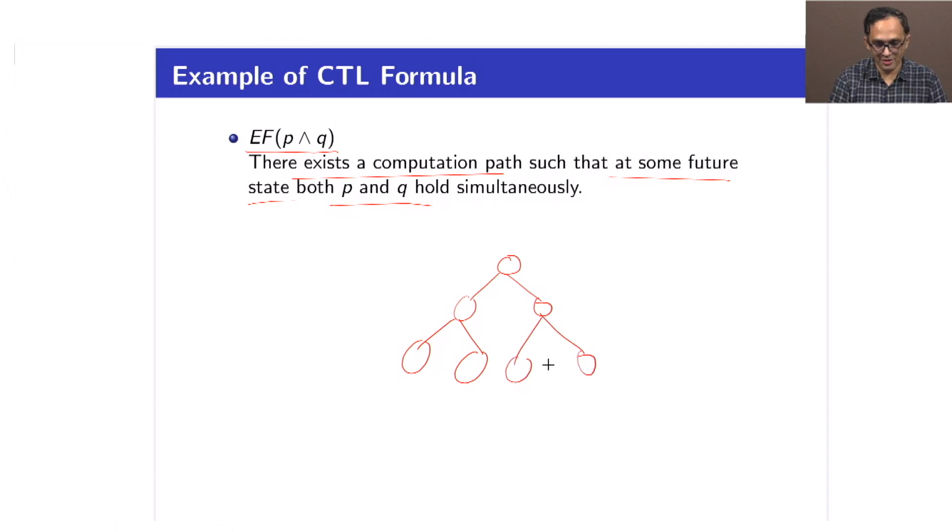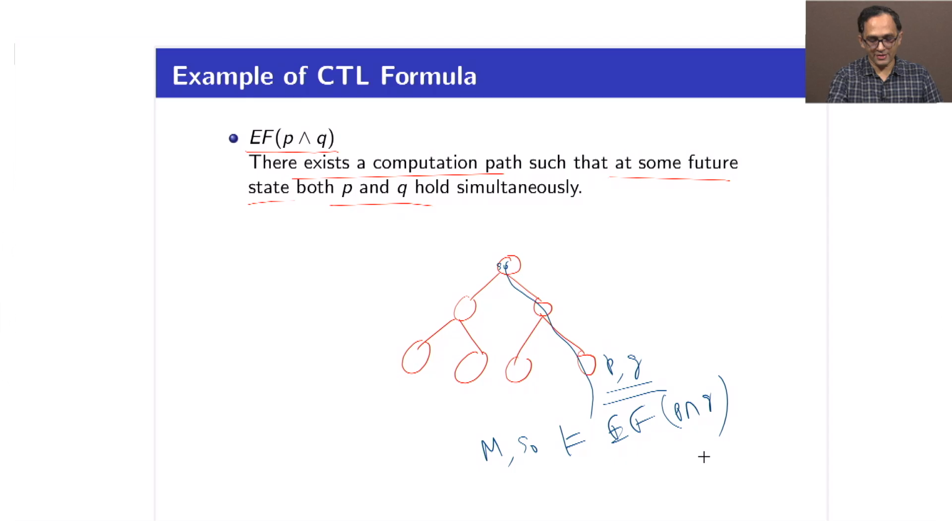Let us say I have this, and in this state P and Q hold, and this is my S0. Then I can find one state in which in future both P and Q hold. Then I will write this: model M, S0 satisfies EF(P and Q). There exists a path in which in future there is a state where both P and Q hold. This is easy, right.